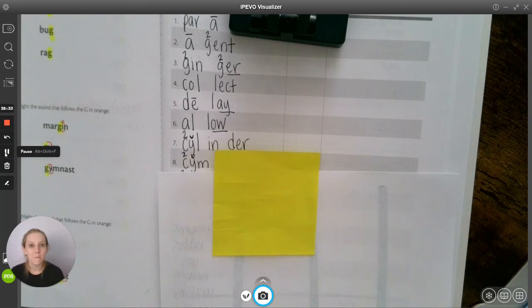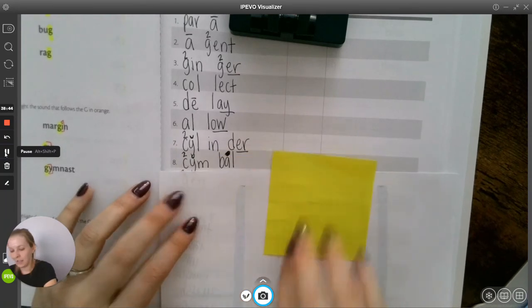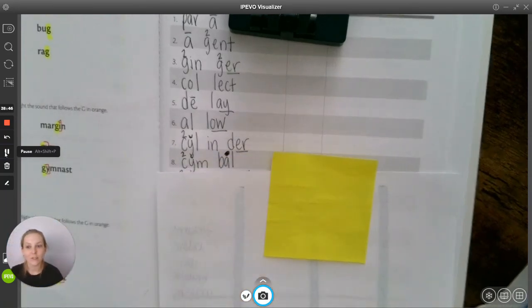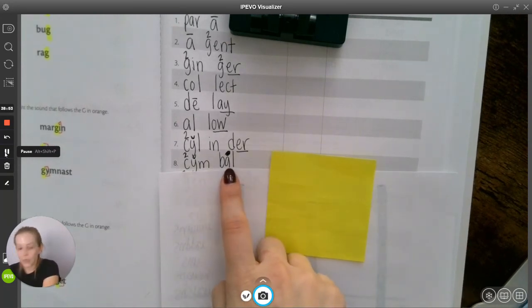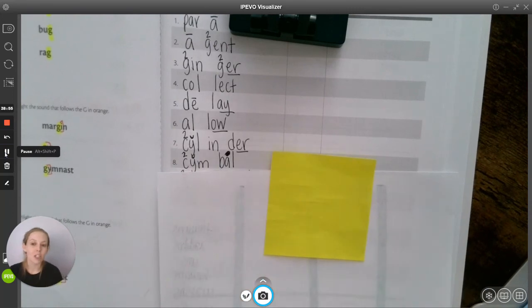Sound it out. B-A-O. Finger spell. B-A-O. I messed up in the first video. So yes, this is saying its schwa sound here because it's part of the unstressed syllable in the word symbol.